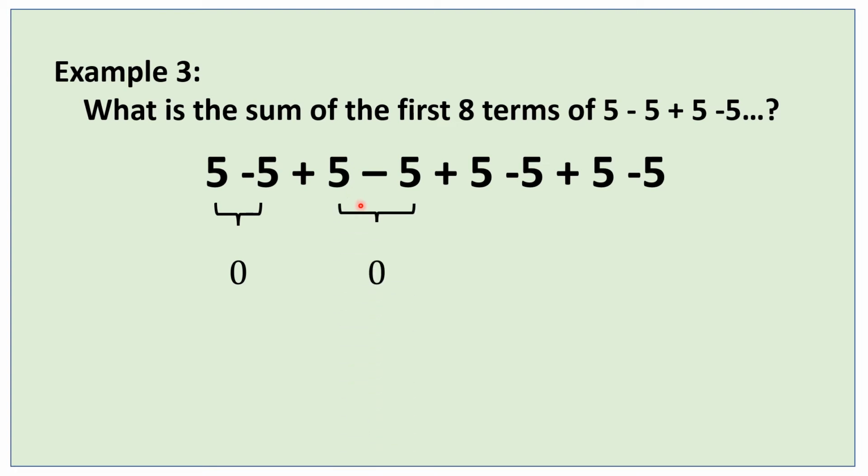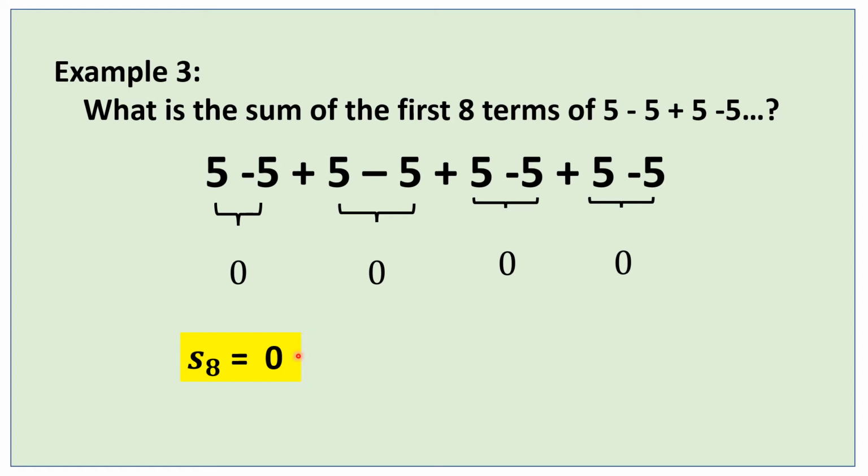So, ganun din sa third tsaka fourth, sa fifth at saka sixth, sa 7 tsaka sa 8. So, kung mapapansin nyo, dahil additive inverse ng bawat isa yung ating magkasunod na term, ang sagot ay laging 0. So, ang sum ng ating first 8 terms ay equal to 0.